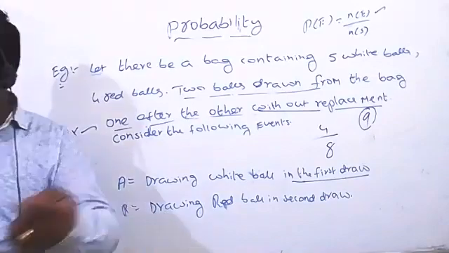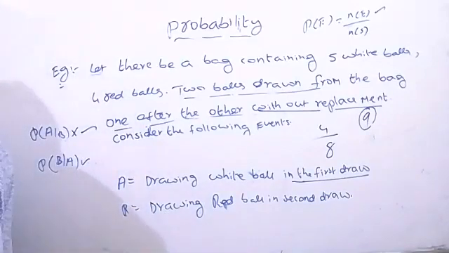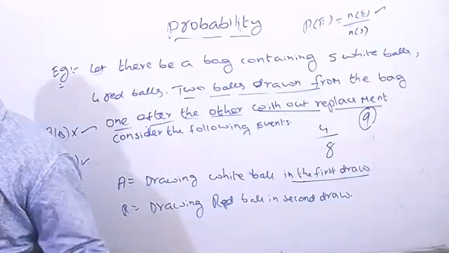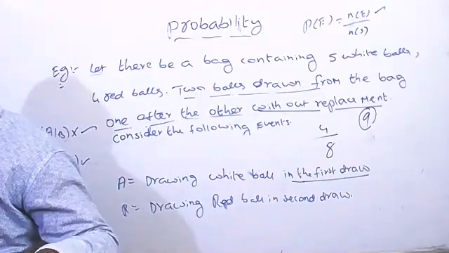Okay, write clearly. You can write the statement. Probability of B by A is equal to, generally, what is the meaning of probability of B by A?